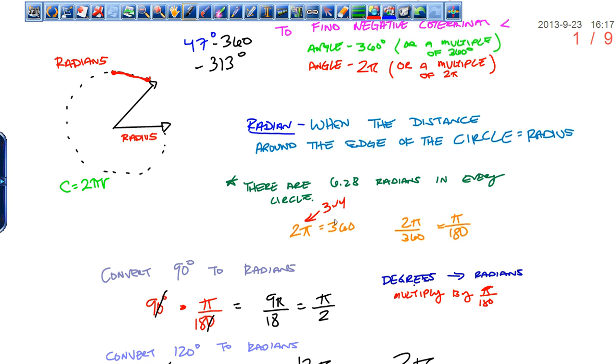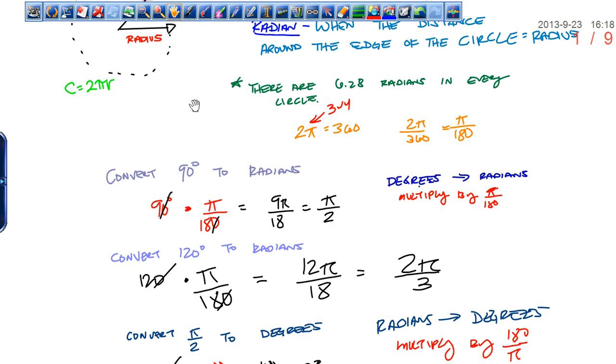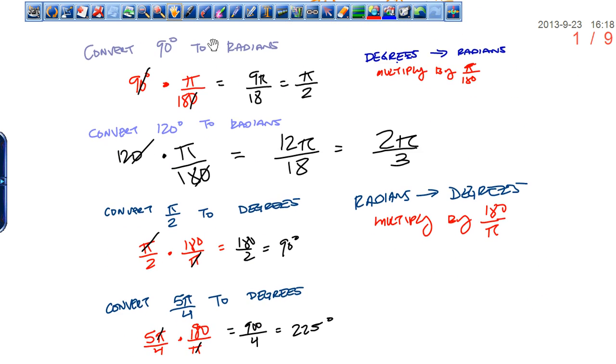So what we often refer to in radians is that there's 2 pi, just like there are 360 degrees. If I wanted to figure out how much is in half a circle, that's 180 degrees, or just pi.